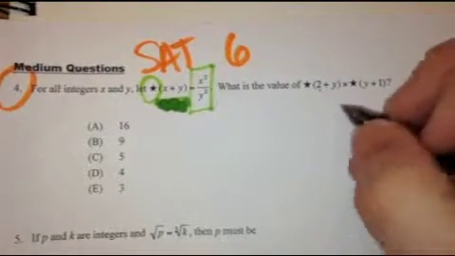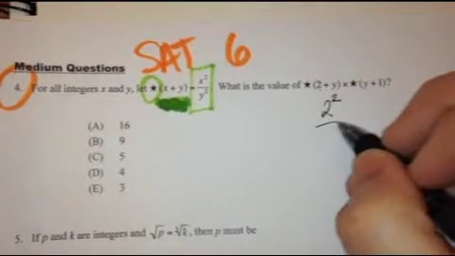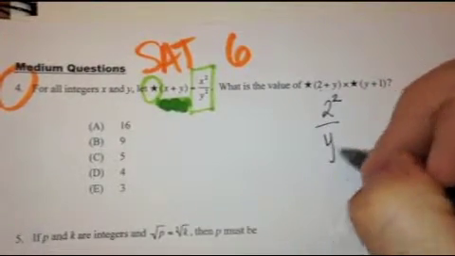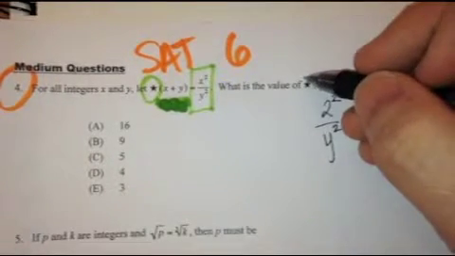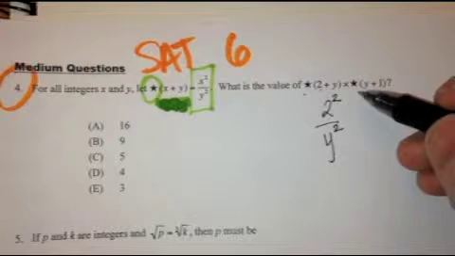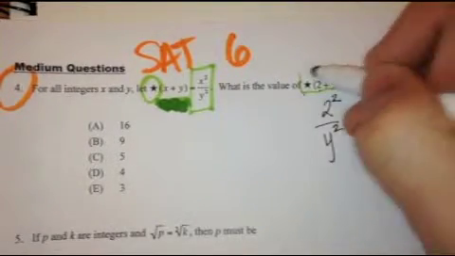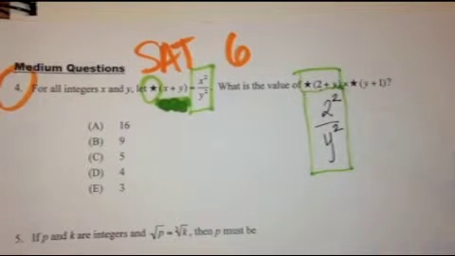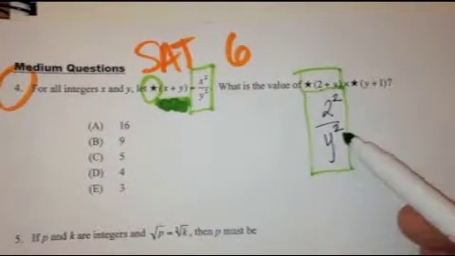First number goes on the top of a fraction, squared. The second number goes on the bottom of a fraction, squared. So this piece right here, star 2 plus y, is translated into regular old math symbols as 2 squared over y squared.